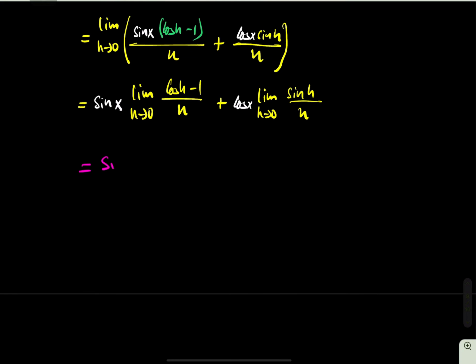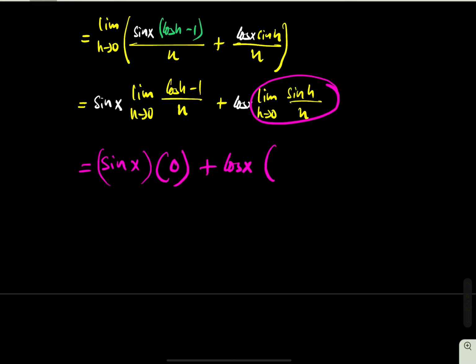Now we're going to get sine x into that limit. So that is going to take you back to trig limits, and that is going to give you 0 plus cos x. This in trig limits is going to give you 1, or you can still use L'Hopital's rule.